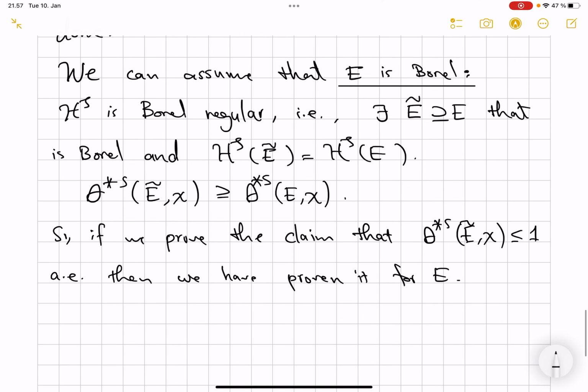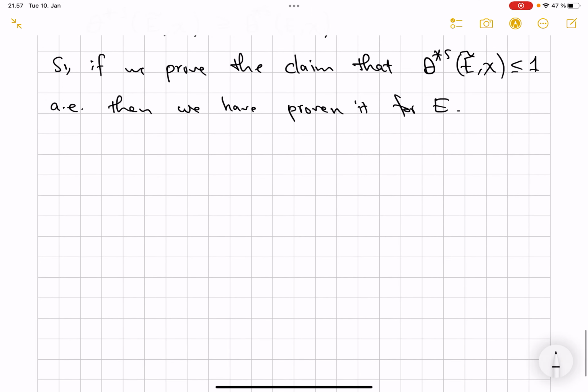So instead of working with E tilde, you just basically rename E tilde back to E. Okay, so again, fix some epsilon positive.